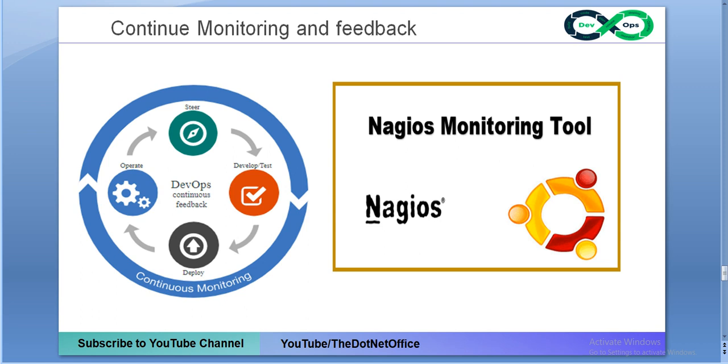So what is it and why do we utilize continuous monitoring and feedback? Continuous monitoring is very important, and it is a very crucial stage of the DevOps life cycle where we continuously monitor the performance of our application, and vital information about the use of the software is recorded. This information is processed to recognize the proper functionality of the application. System errors such as low memory, server not reachable, etc.